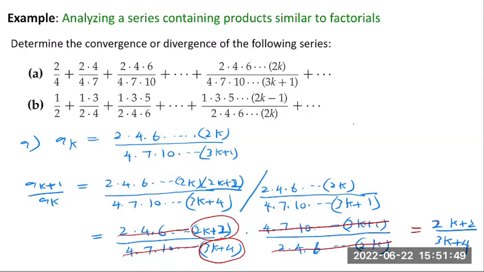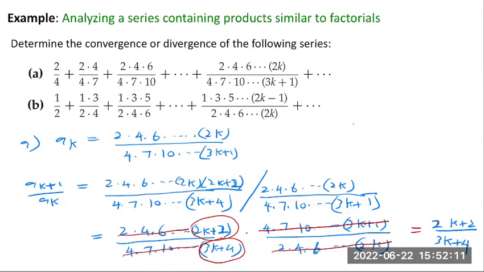Okay, now it's all about taking the limit of this expression to find the rho. Remember, we are trying to apply the ratio test here. So let's find the limit of this quantity as k goes to infinity to see whether that is less than 1 or greater than 1. Of course, if it is equal to 1, the test is inconclusive.